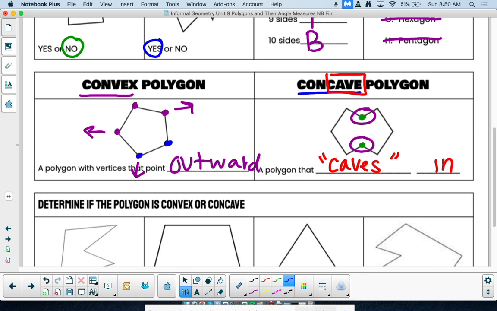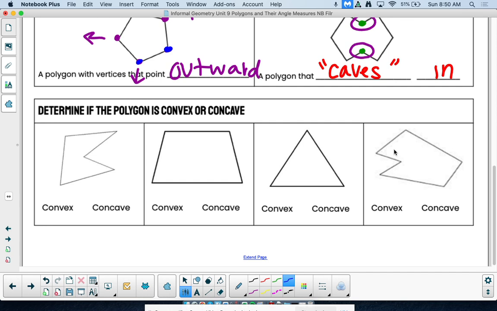So on these bottom examples here, it says determine if the polygon is convex or concave. Well, if we look, you guys see how this vertex right here is kind of on the inside of our shape? So this would be concave. It caves in. It's going inward. Okay, our next one, it looks like all of our vertices are pointing outward, right?